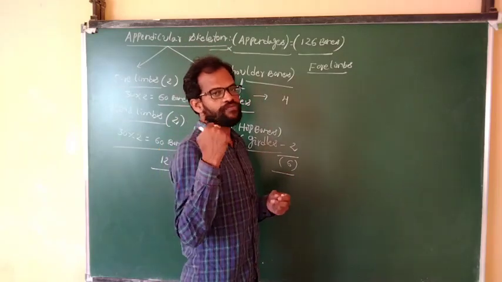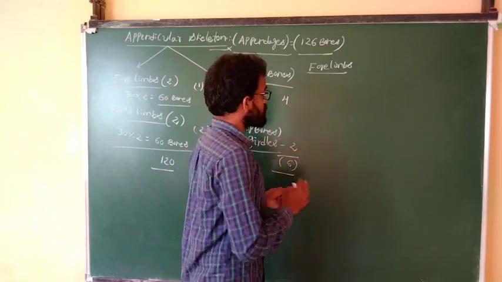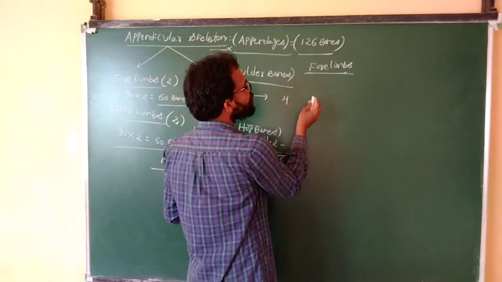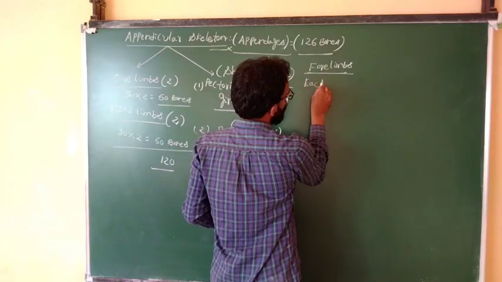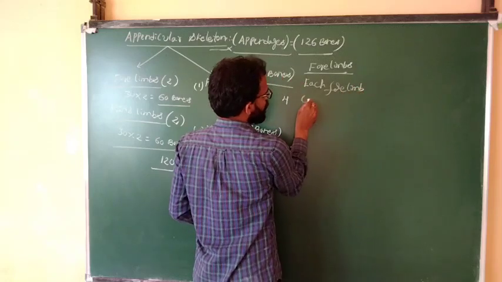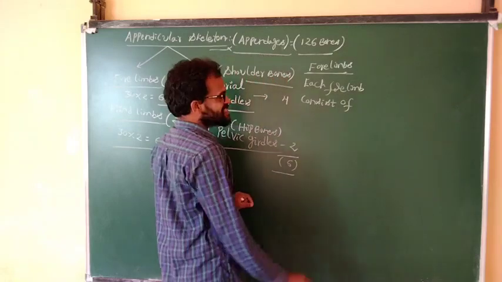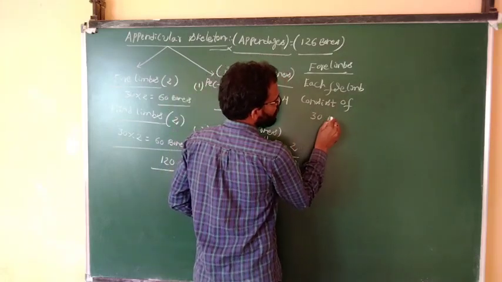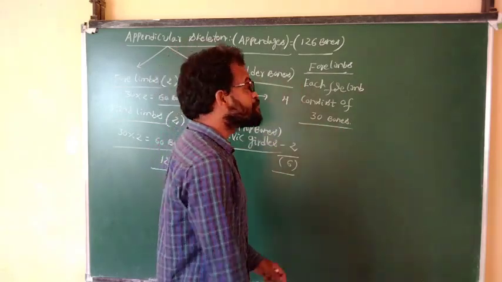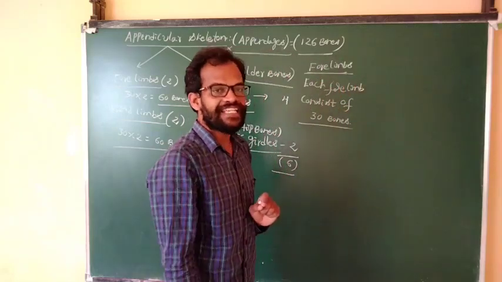Each forelimb consists of 2 pectoral girdles, total 4. Each forelimb consists of 30 bones.